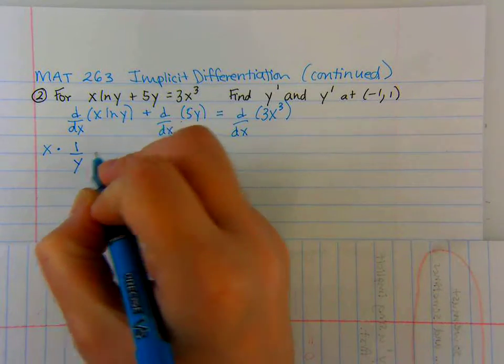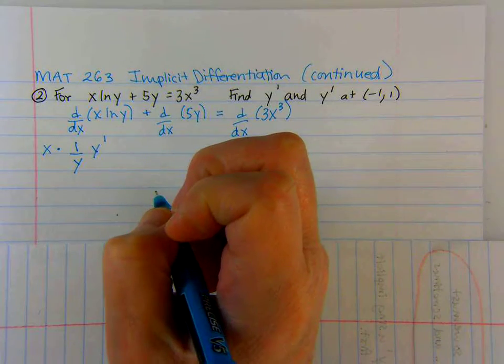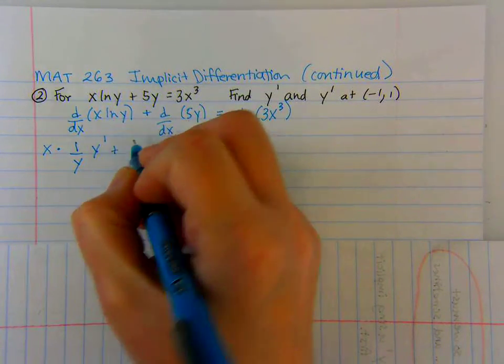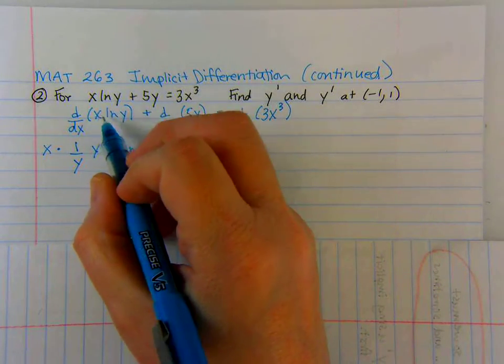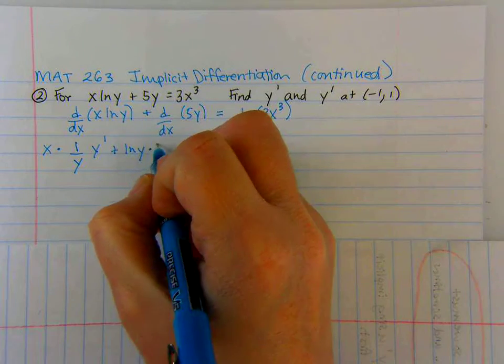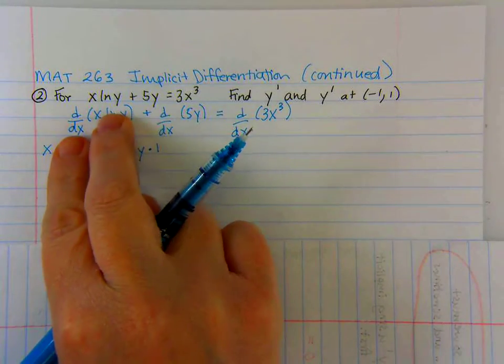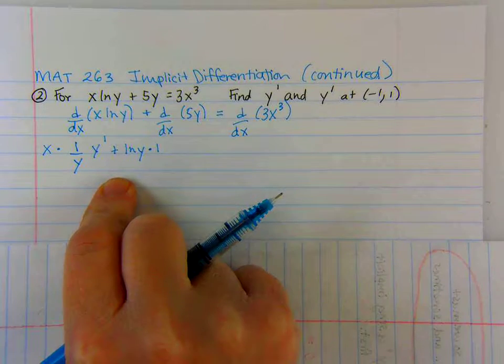The derivative of that is 1 over it. And then you also have y prime, plus the second function times the derivative of the first, and the derivative of x is just 1. Okay? So that's just this first term right here. That's its derivative. Product rule.